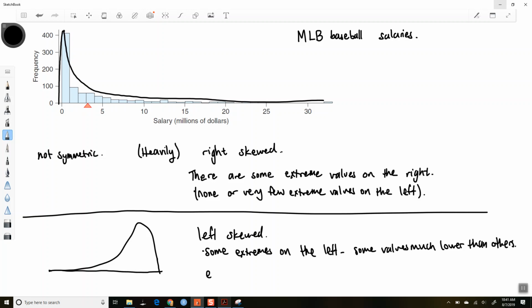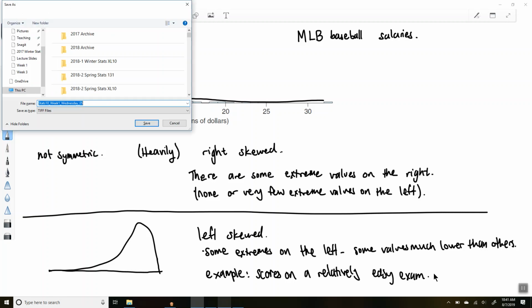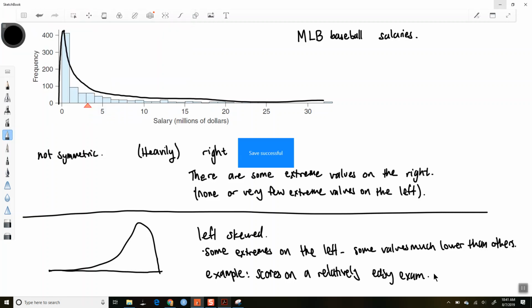Okay, so an example of something that's left skewed, I would say would be scores on a relatively easy exam. Whenever there's a relatively easy exam, probably most students are scoring 80, 90, close to 100, things like that, right?